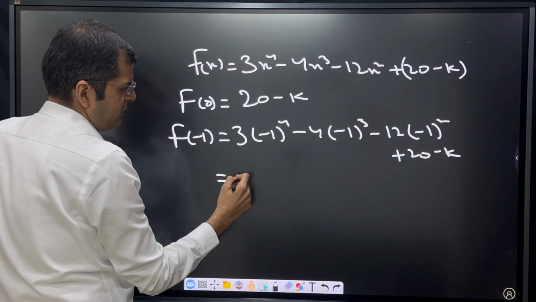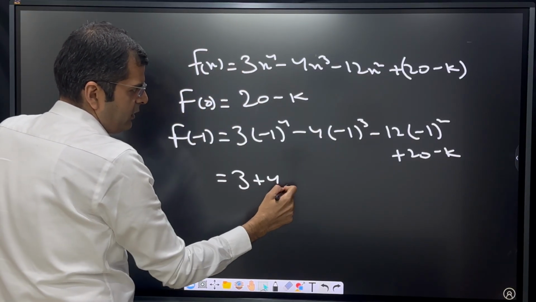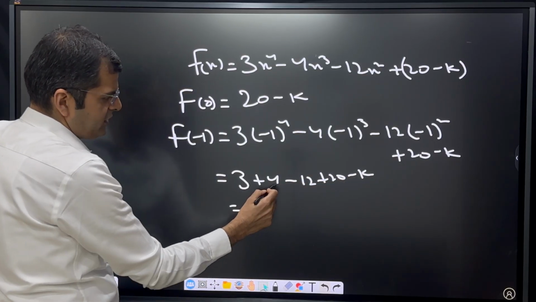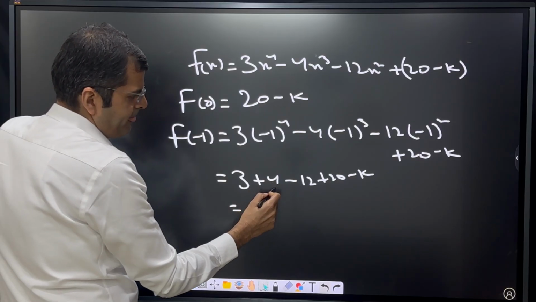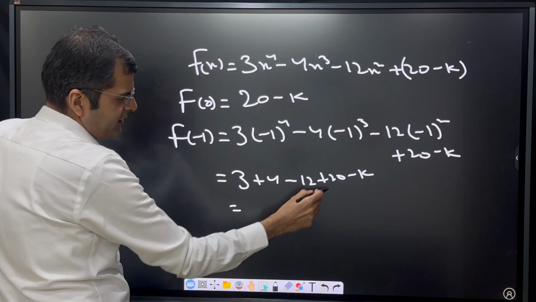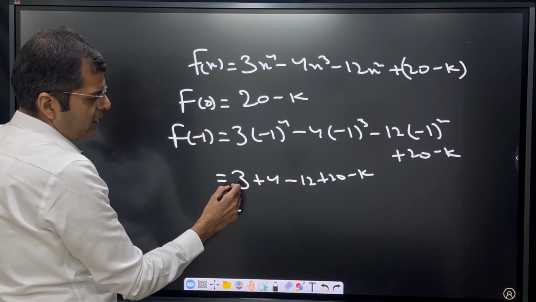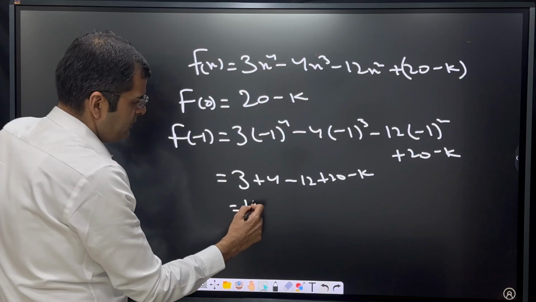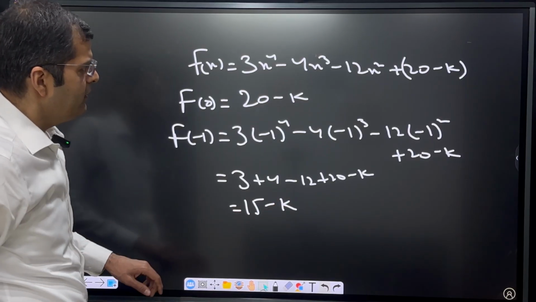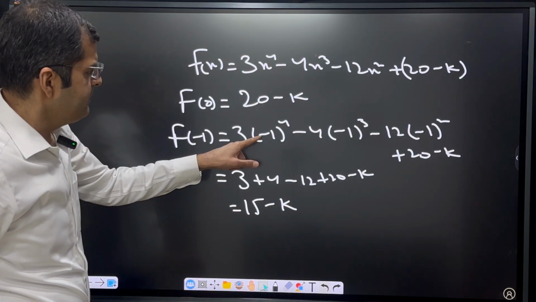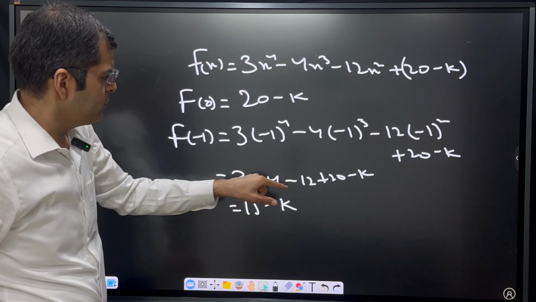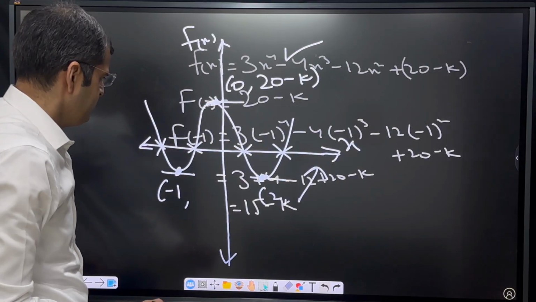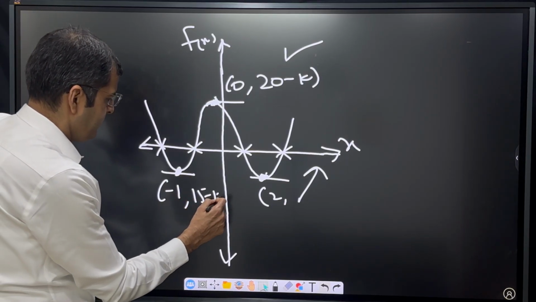This will be equal to 3 plus 4 minus 12 plus 20 minus k. 3 plus 4 is 7. 7 plus 20 is 27 and 27 minus 12 is 15. So this becomes 15 minus k.